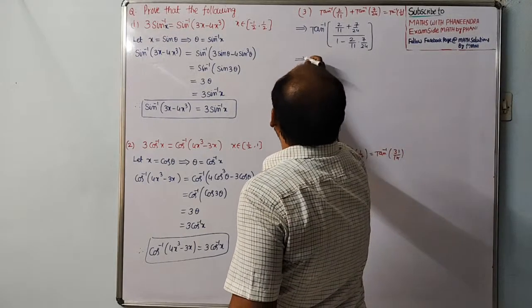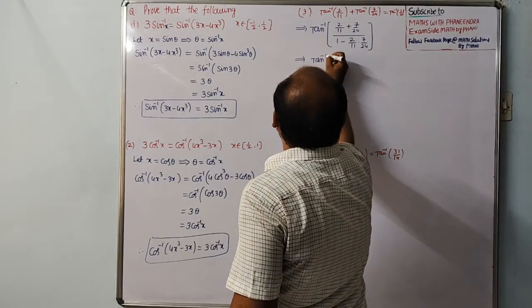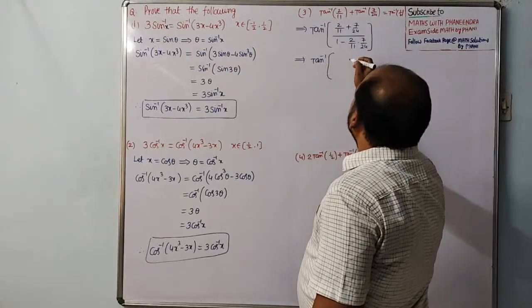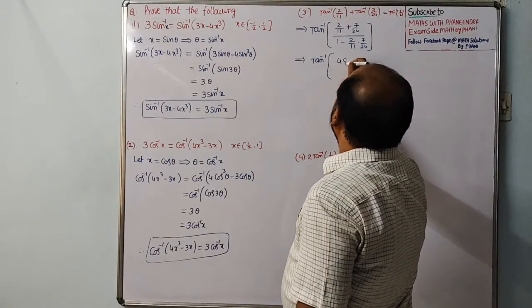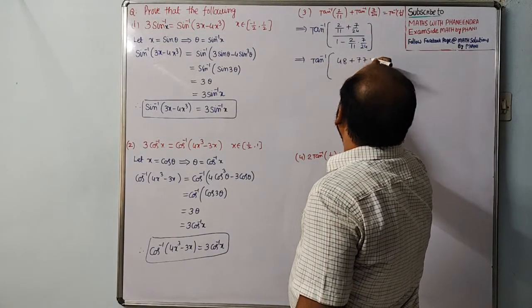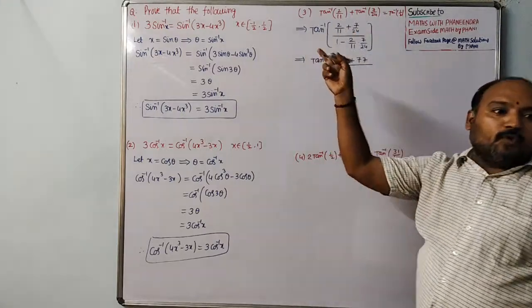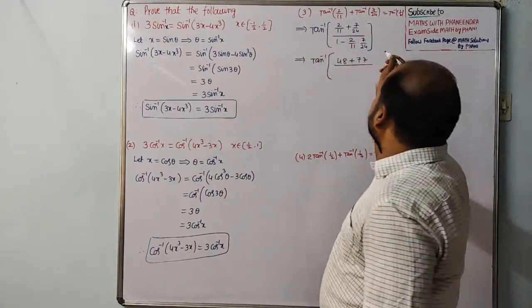That implies tan inverse of 24 twos are 48 plus 77 by, here 24 into 11, 24 into 11 get cancelled.